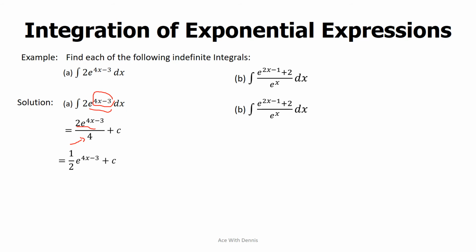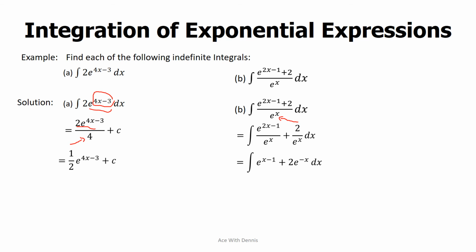For B, integration of e to the power of 2x minus 1 plus 2 over e to the power of x dx. I hope that you can notice that the denominator has only one term, so you can break this fraction into two different fractions, which you get integration of e to the power of 2x minus 1 over e to the power of x plus 2 over e to the power of x dx. Then simplify.